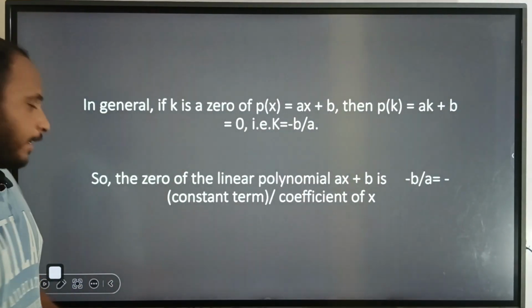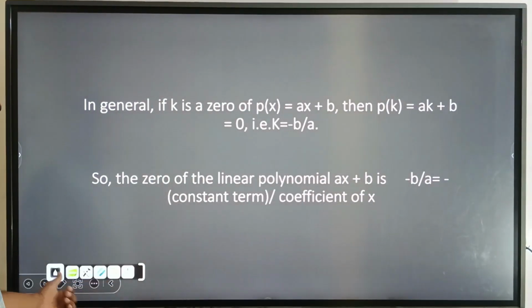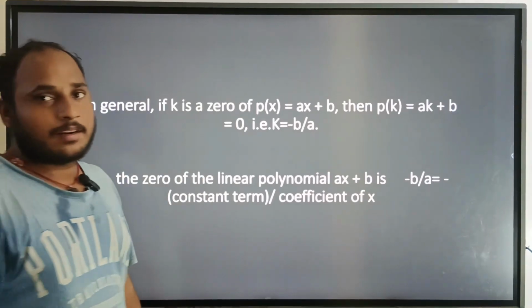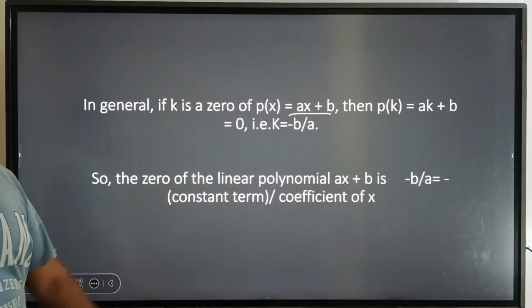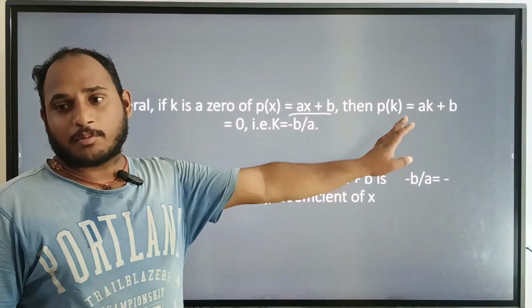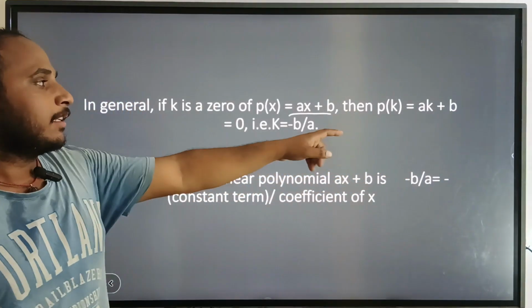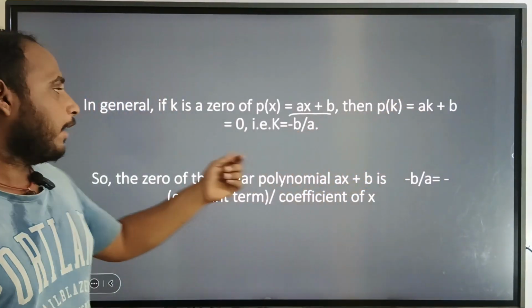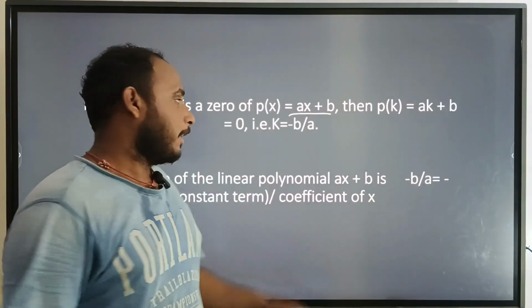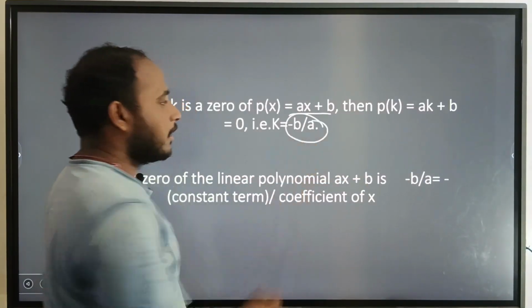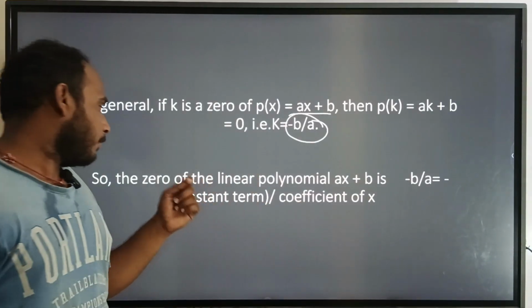In general, if k is the 0 of the polynomial ax plus b, then p of k equals ak plus b, because we substitute k in the place of x. Now we equate ak plus b equals 0, then k equals minus b by a, where minus b by a is the 0 of the polynomial ax plus b.